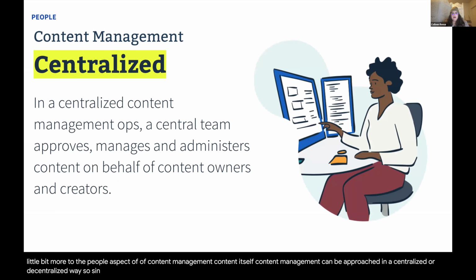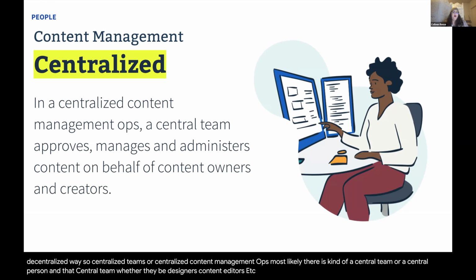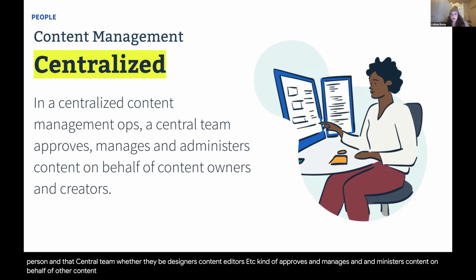So centralized teams or centralized content management ops, most likely there is a central team or a central person. And that central team, whether they be designers, content editors, et cetera, approves and manages and administers content on behalf of other content owners and creators.